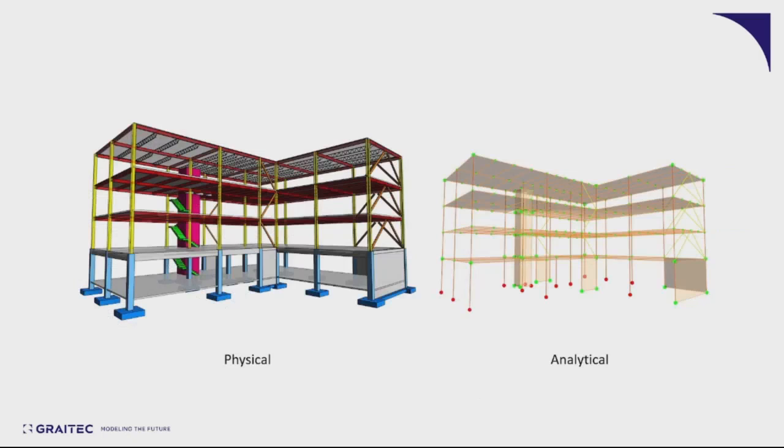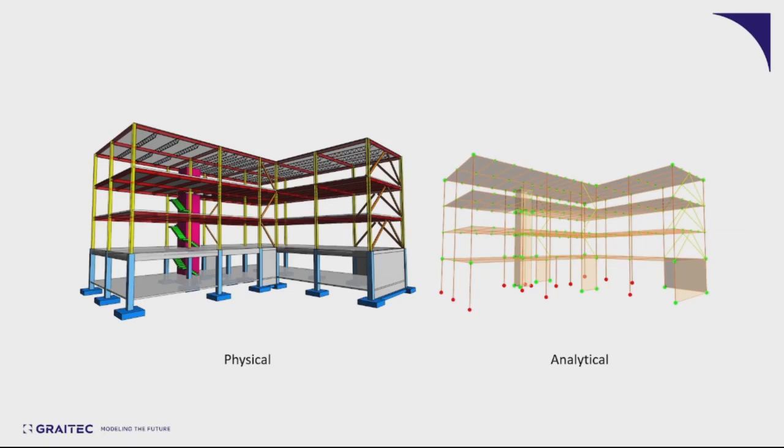Here is a physical and an analytical model, so we can see the difference between those two. On the left-hand side is the physical one, and on the right-hand side is the analytical one. Just a quick comment, the analytical one is the one that is needed in order to introduce this model to Advanced Design and perform any analysis and design.